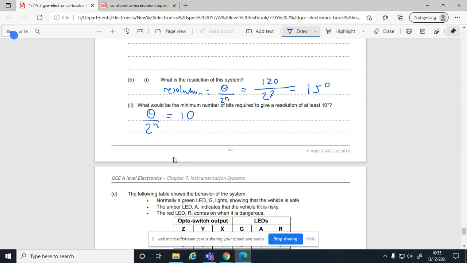Theta is 120, yeah, that's the angle, and 10 is the resolution. So I do apologize. So we're rearranging now to work out 2 to the n.